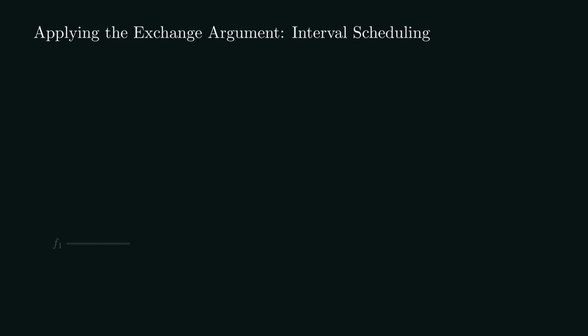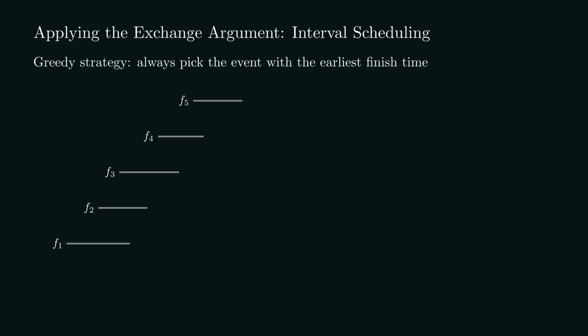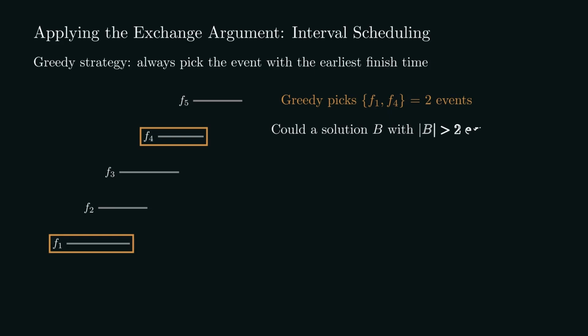Now, let's try a quick example to prove that greedy is optimal for the problem we saw earlier. Just to remind you, our greedy strategy always picks the event with the earliest finish time as long as it doesn't overlap with previously picked events. So our greedy algorithm picks the first and fourth events. Now, to prove that this is optimal, we introduce an exchange argument and ask, could a solution with a size more than 2 exist?